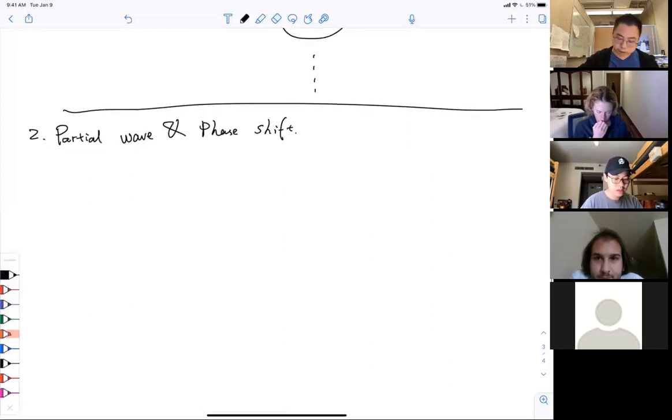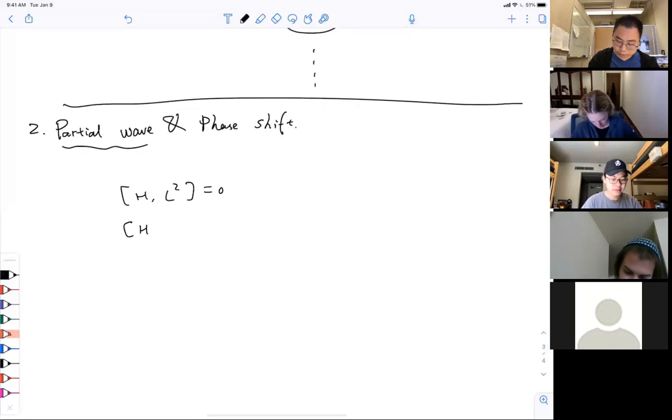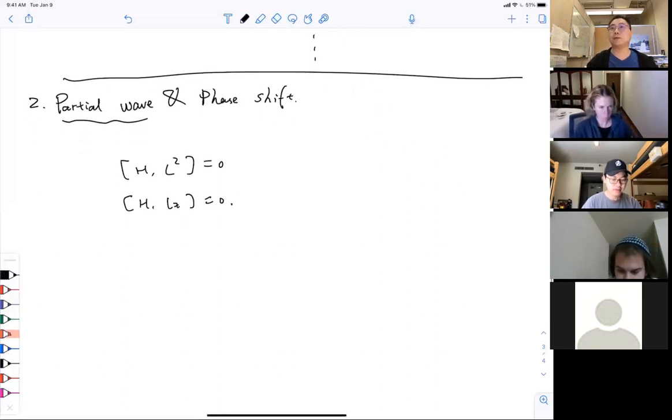Okay, so whenever we talk about partial wave, we always need to assume the system is rotationally symmetric. Basically, our Hamiltonian commutes with L² and also commutes with L_z. By the way, this basically means the potential only depends on the magnitude of the radial variable r.